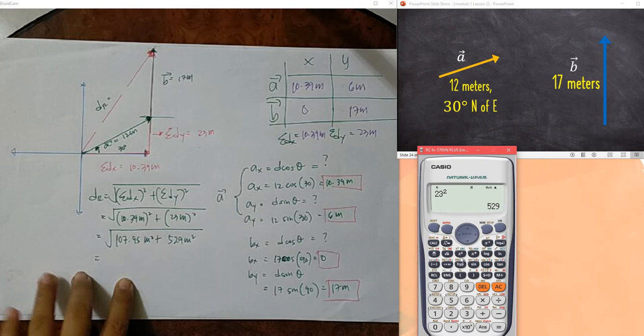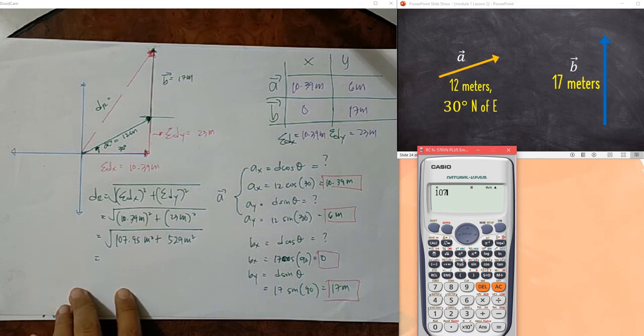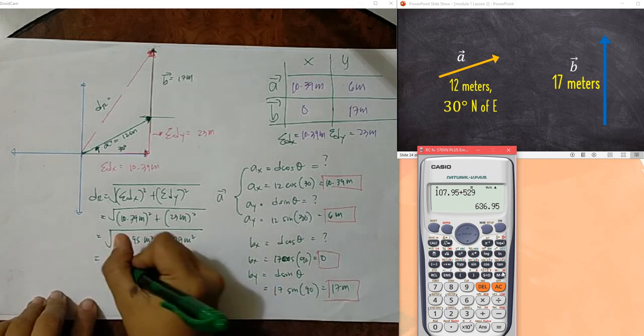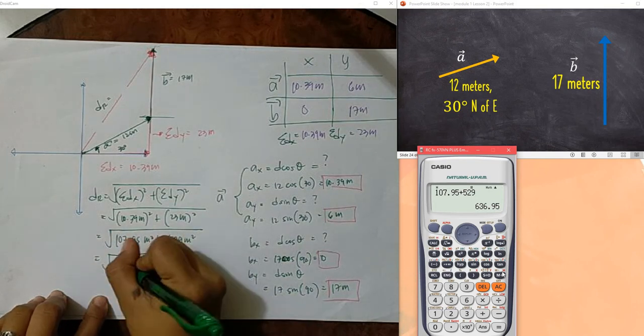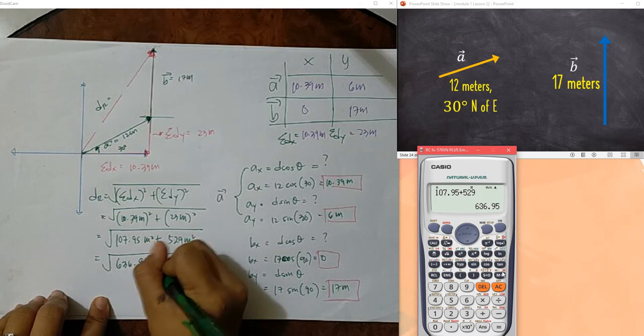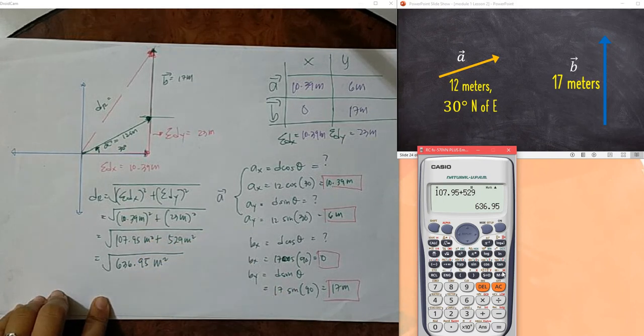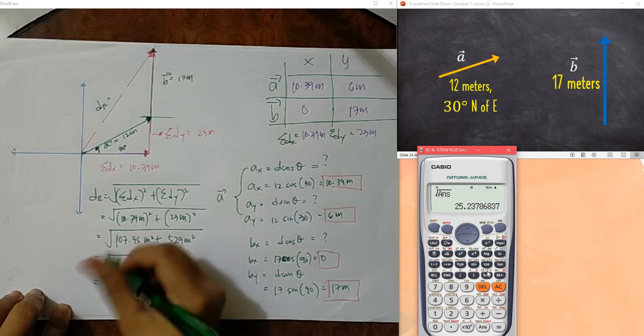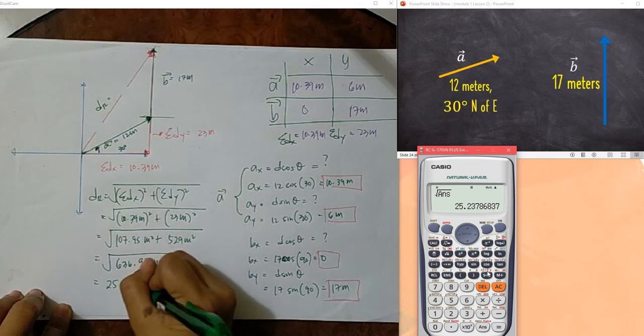Let us add the two values. 107.95 plus 529, that's equal to 636.95 meters squared. Square root of 636.95 meters squared. So let us square root the answer. That is equal to 25.24.